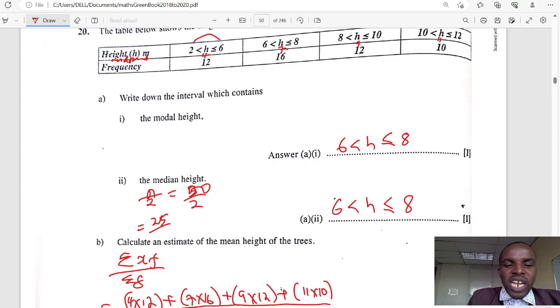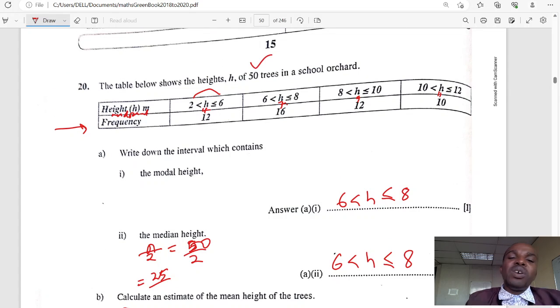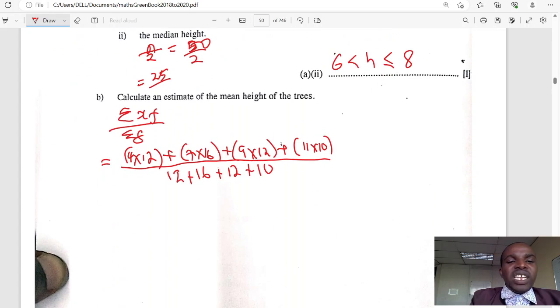That's the total frequency. You add all these frequency values, but they must give you 50, because the total must be 50 trees. Then you simplify this part.